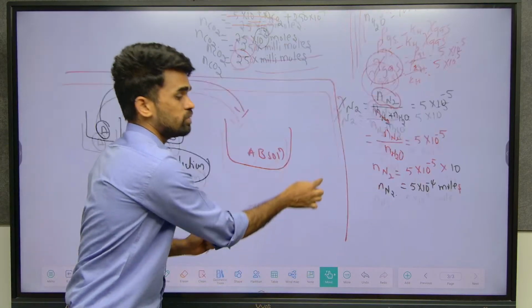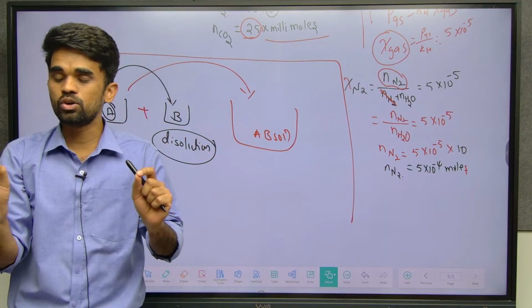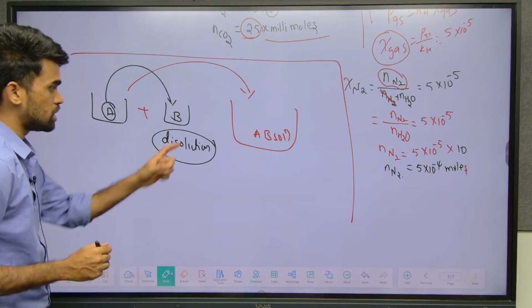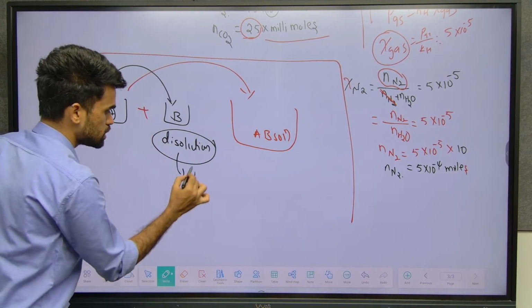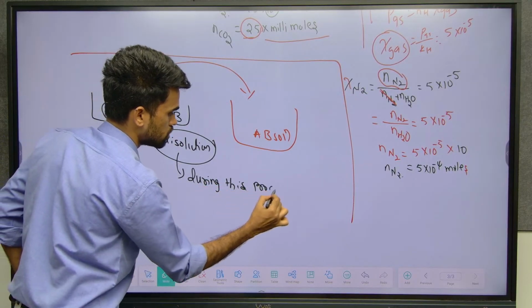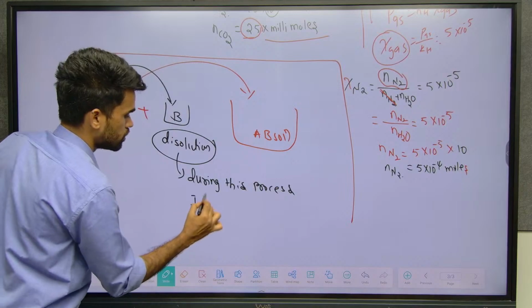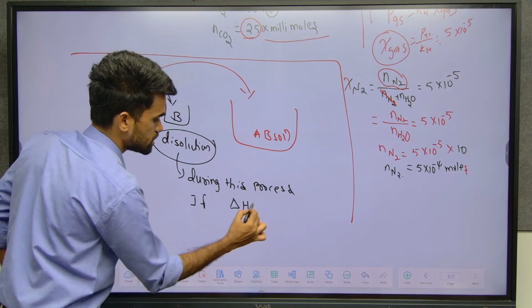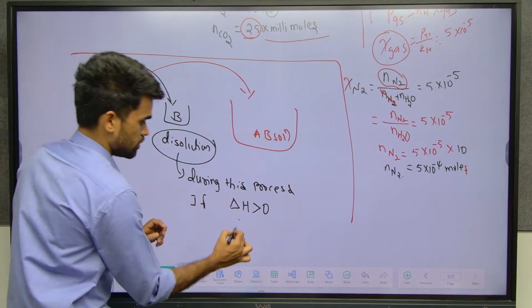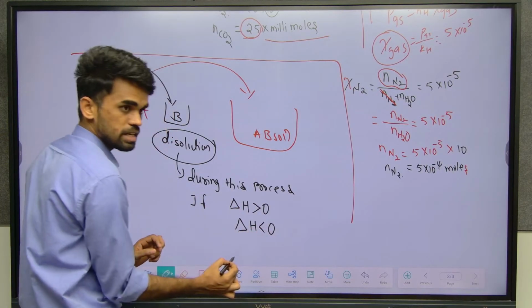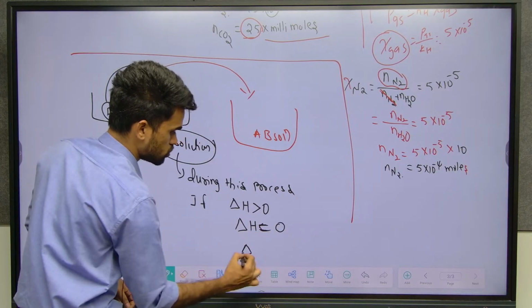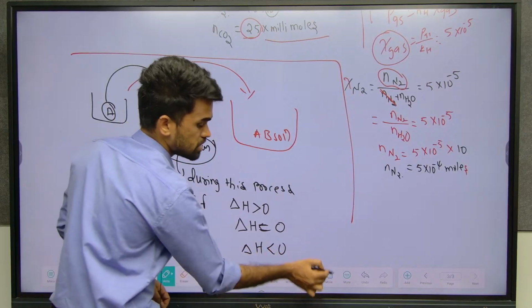If there is no change in heat, you can say it is an ideal solution. During this process, delta H can be greater than 0, less than 0, or equal to 0. These are the three conditions I am saying now.